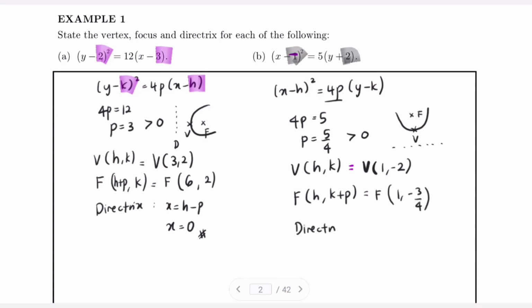And for the directrix, the formula is y equals k minus p. So y equals negative 2 minus 5 over 4, and that will be y equals negative 13 over 4.